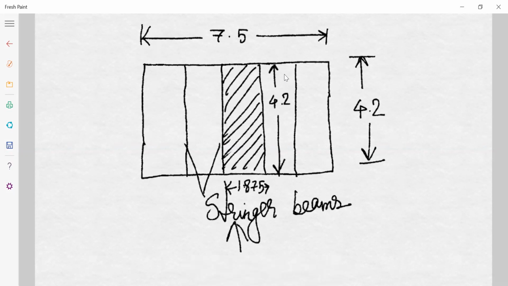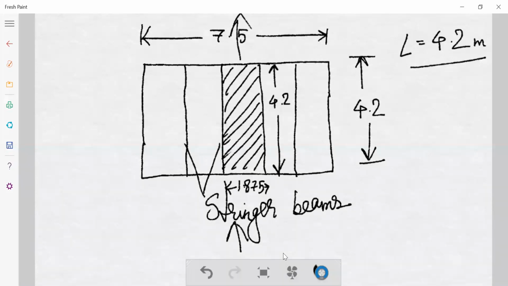People move like this. So the length of the stringer beam will be how much? 4.2. Length of stringer beam will be 4.2 meter because it is going along this direction.